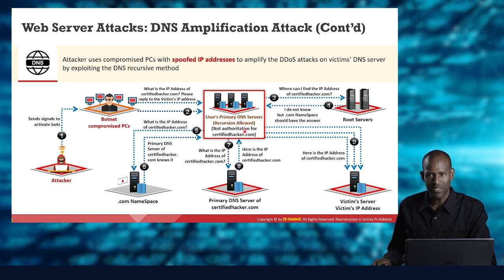That's because on this DNS server, recursion is allowed, and this server is not authoritative for certifiedhacker.com. And as part of all that, it sends the attack to one device.